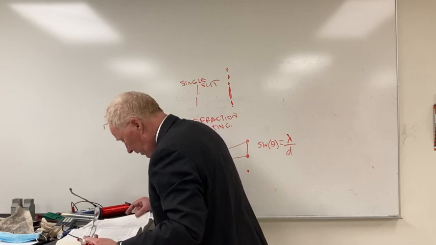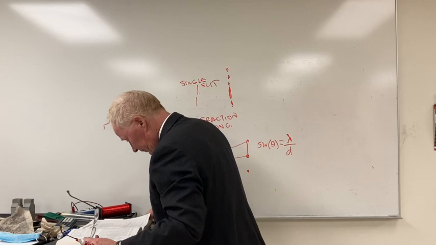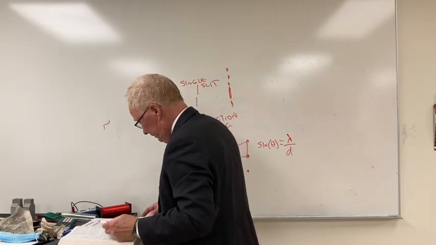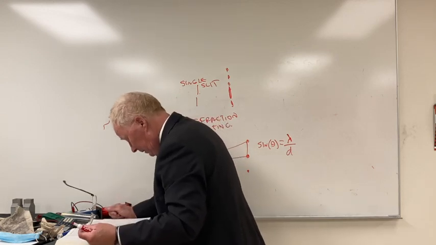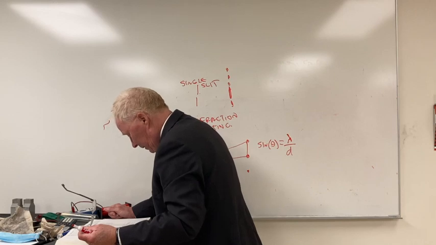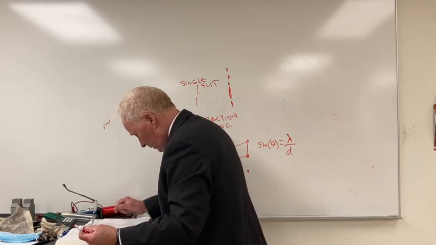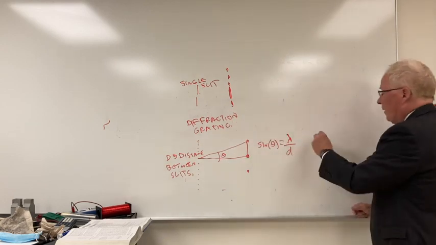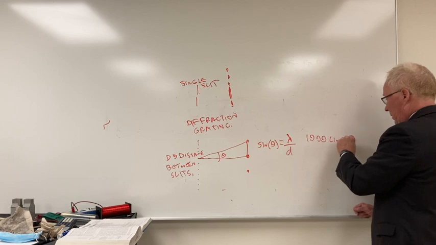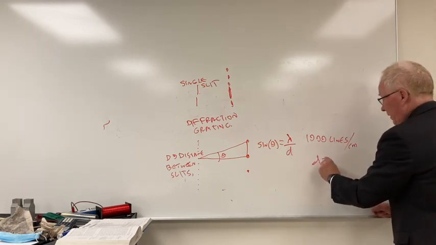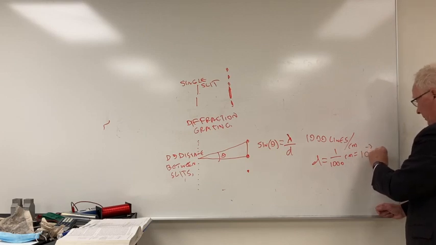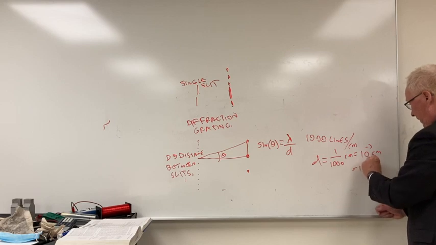And an example here: if you had 1,000 lines per centimeter, that means D is 1 over 1,000 in centimeters, which would be 10 to the minus third centimeters, or D would be 10 to the minus fifth meters.